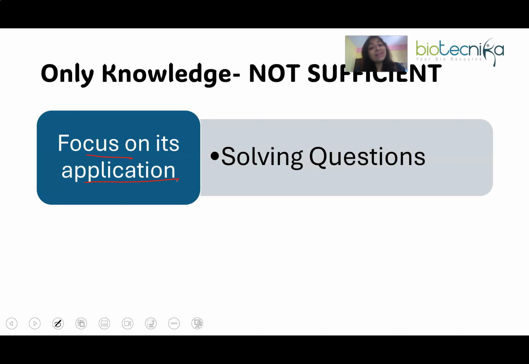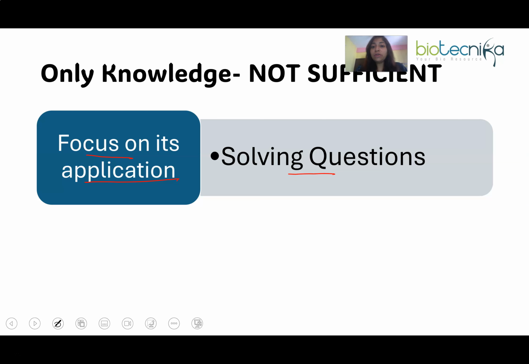There will be many analytical questions, and you have to analyze them. So understanding the language, understanding what is given in the question, and understanding what is asked in the question are all very important. So solving questions is extremely important for preparing for the CSIR exam properly.